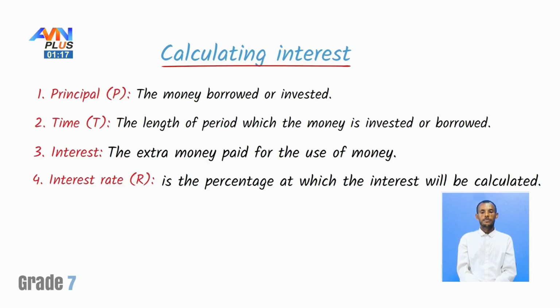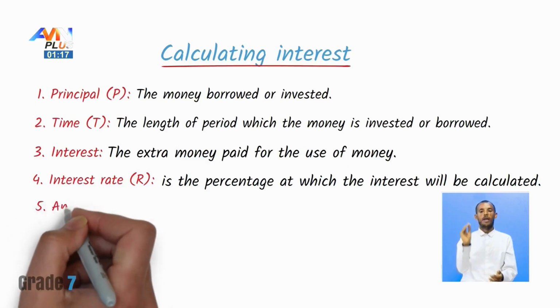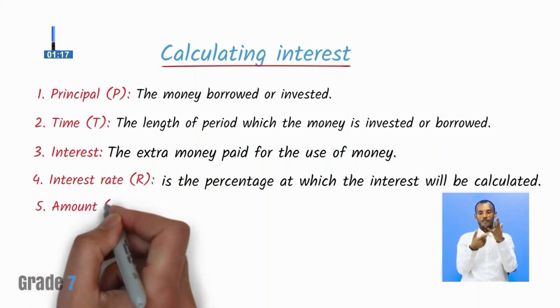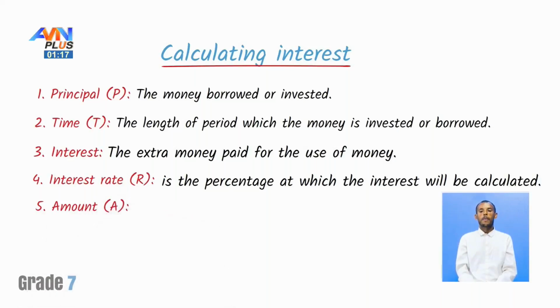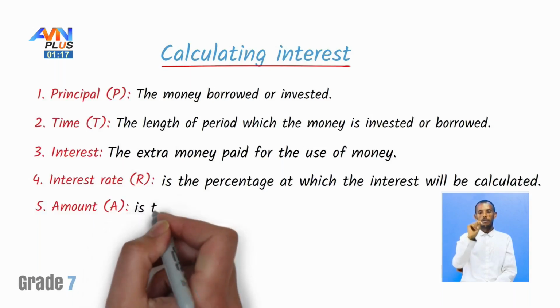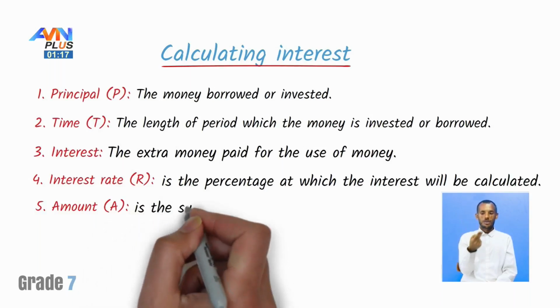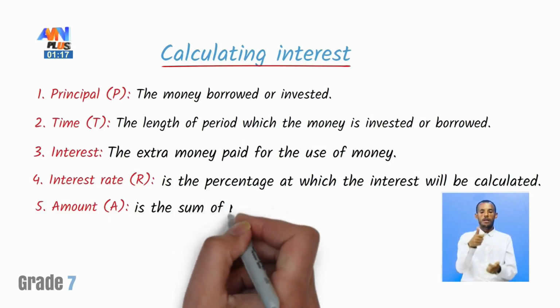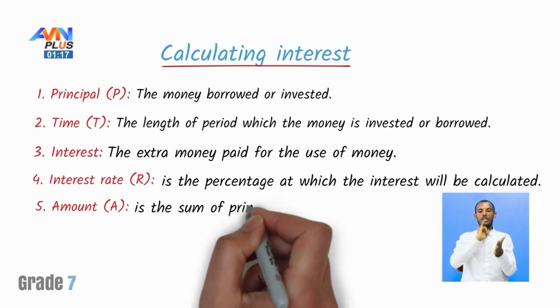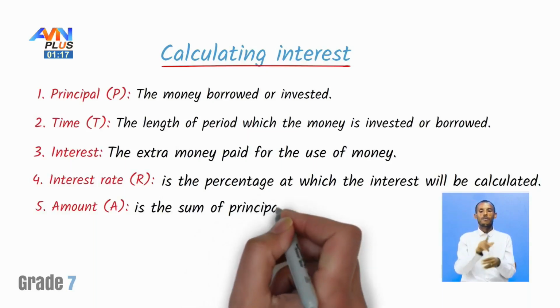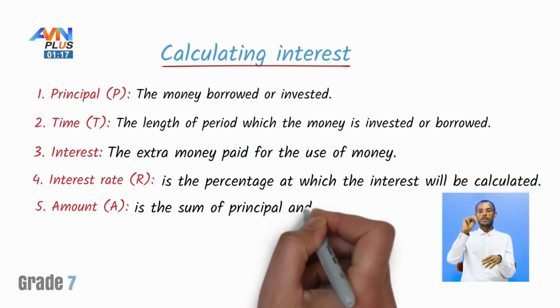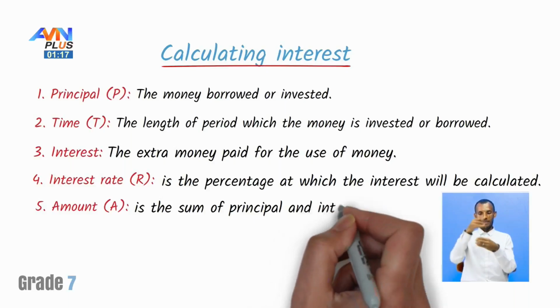That's it. And one more terminology is amount. We use capital letter A for amount. What does this mean? It is the sum of the principal, or the money you invested, plus interest together. We call this amount.